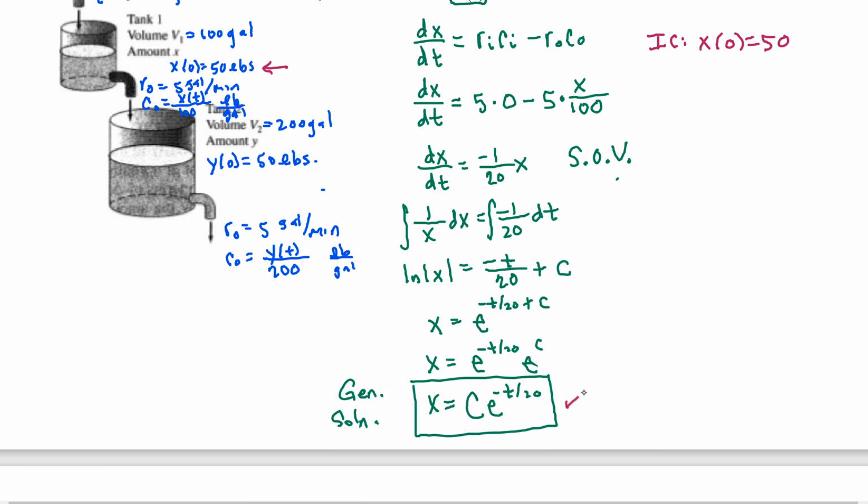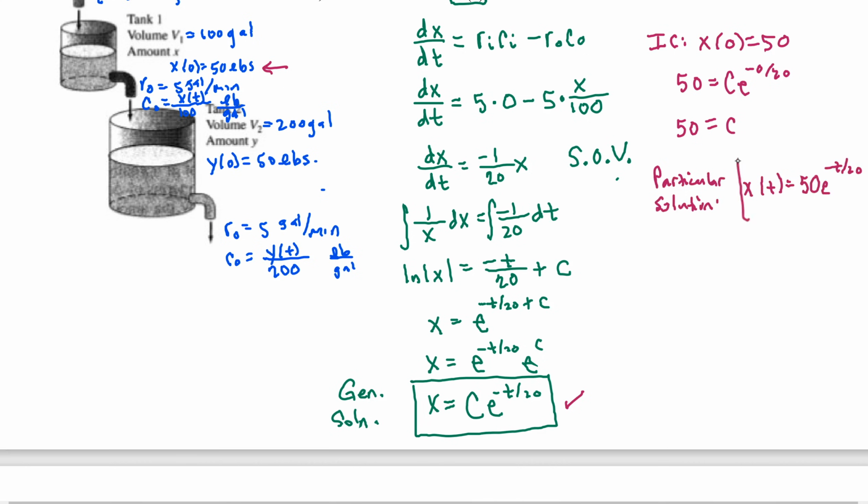So using our general solution, I'm going to replace x with 50, and I'm going to plug in 0 for t. e to the 0th power is 1, so we can see that c is 50. So our particular solution then is x of t equals 50 times e to the negative t over 20.